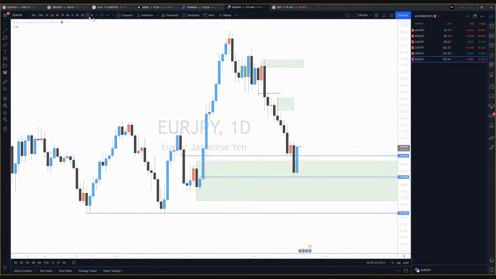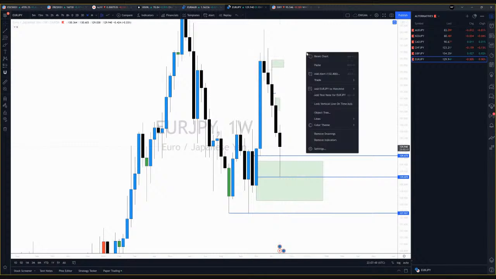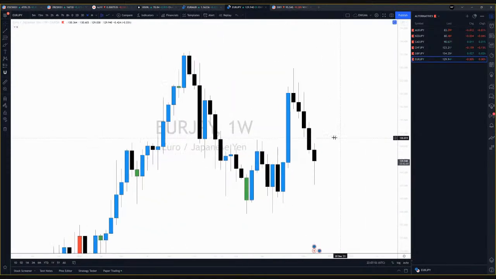On the weekly, however, you can see how beautiful. If you really understand what I'm showing you, it's so powerful. It's easy but very powerful. So I've been selling Euro Yen since up here, right there. As soon as we closed, that's it.